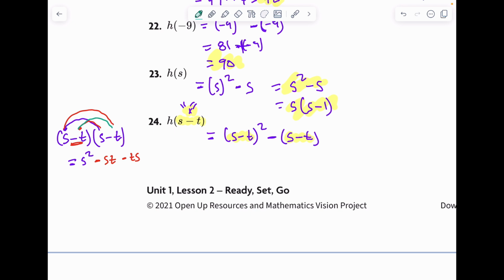So negative t times negative t becomes a plus t squared. That's important. It's a plus t squared because t times t is t squared.